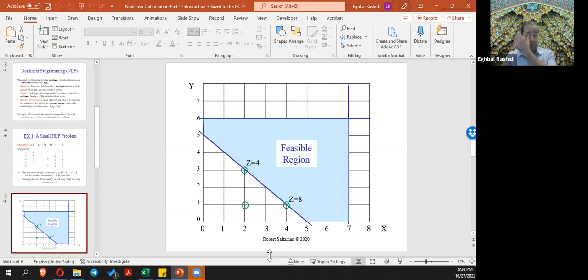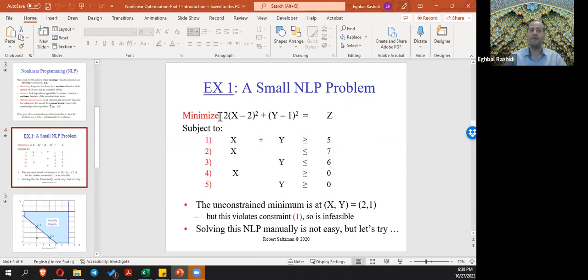For example, if you plug any of these extreme points into the objective function, you're going to see that it's not optimal. When x is 2 and y is 3, you get z equal to 4. When x is 5 and y is 0, you get 1 here, and 9 multiplied by 2 is 18, plus 1, 19.